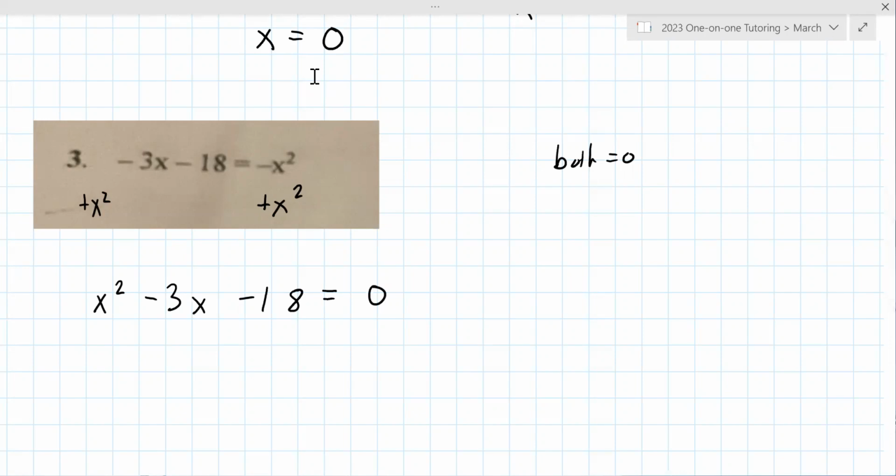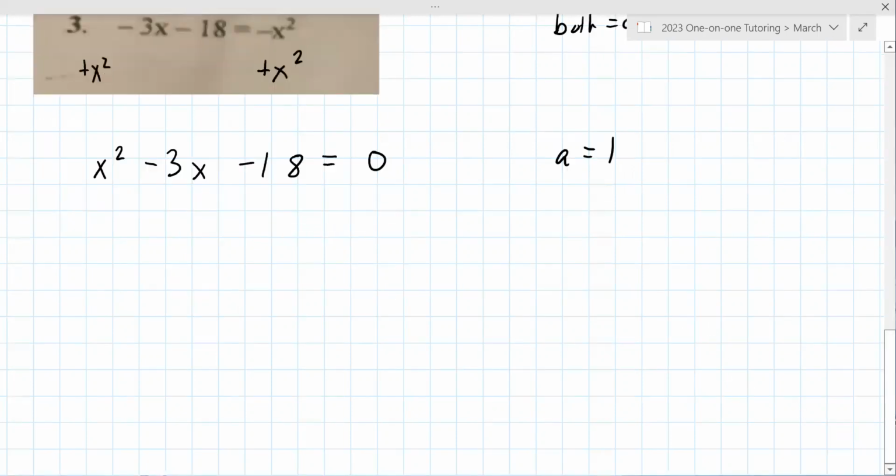All right, so this now is back to an a equals 1 type. So looking for two numbers that multiply to minus 18 but add to minus 3. Why don't you give this one a try, please, and let me know what you come up with. Negative 6 and 3.